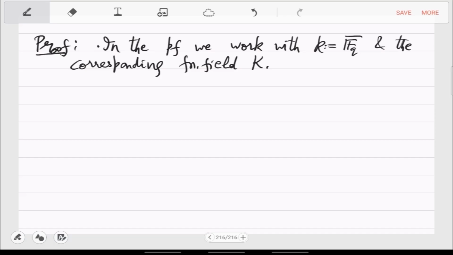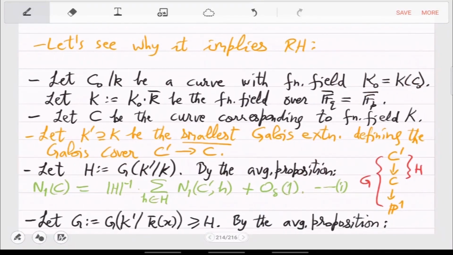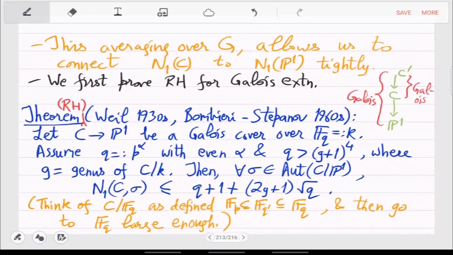because we just want to prove something about N_1(C, sigma). That is the theorem statement, N_1(C, sigma) is upper bounded. So changing the base field will not change that.